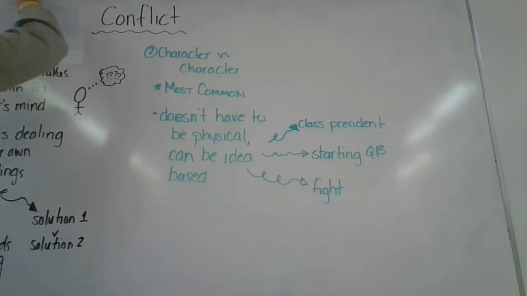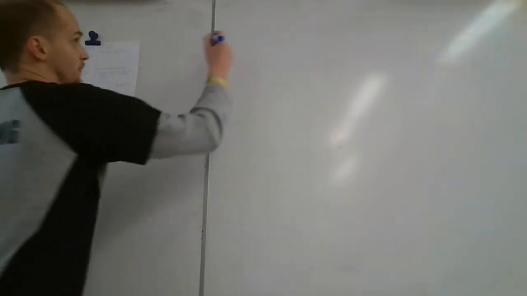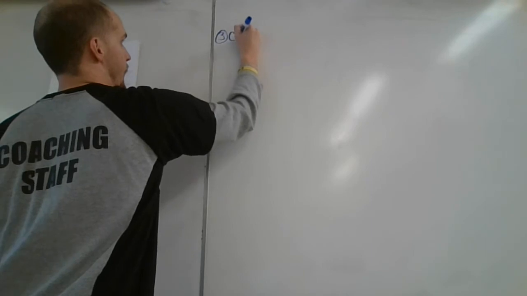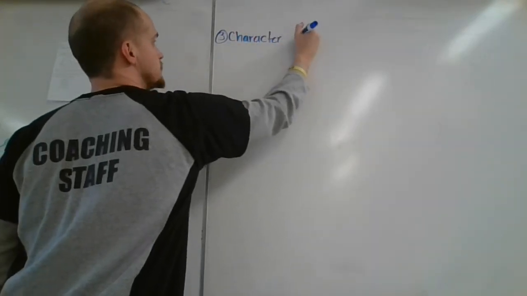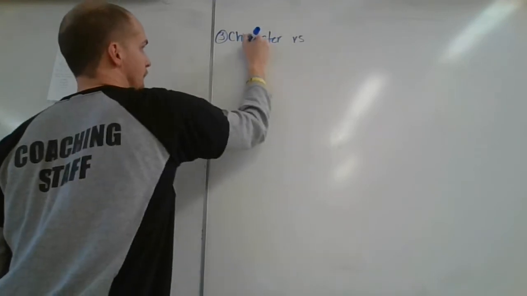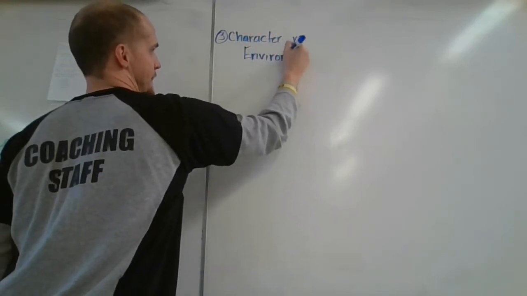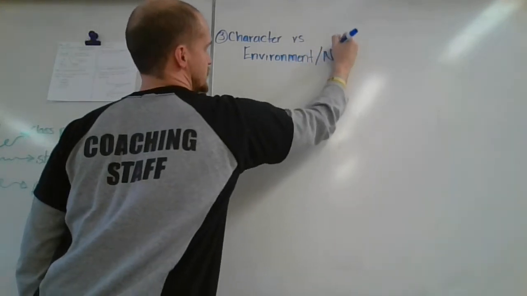We're going to move on to conflict type number 3, and that is character versus environment, or nature.